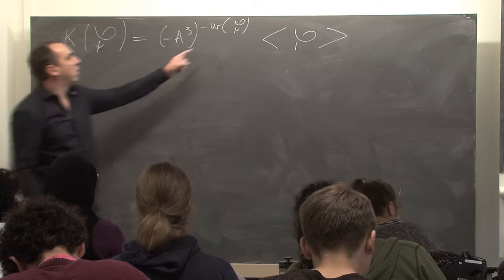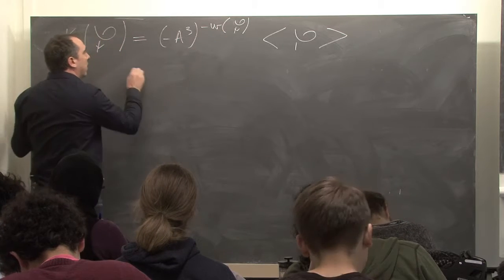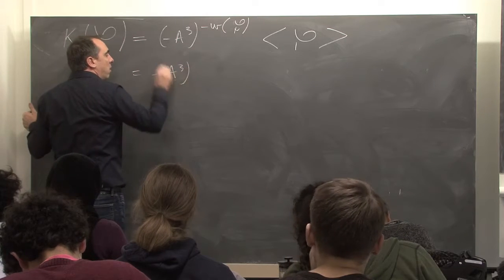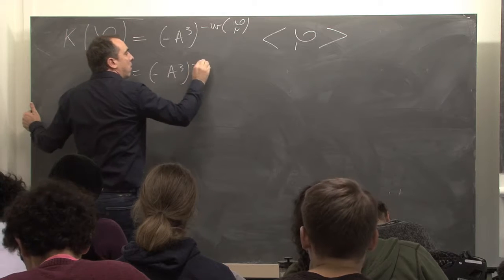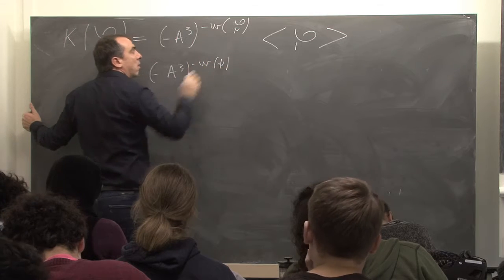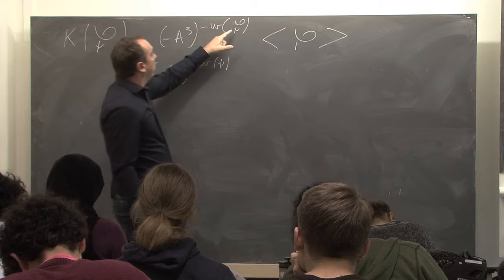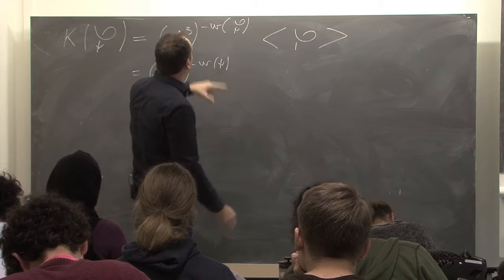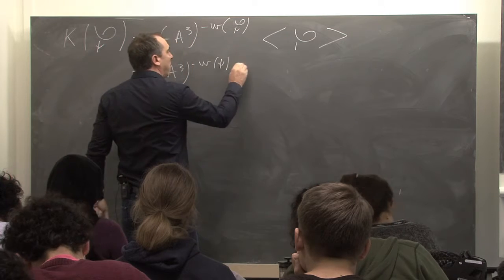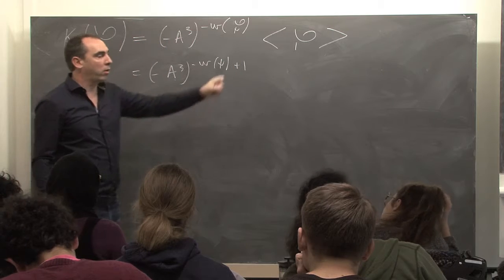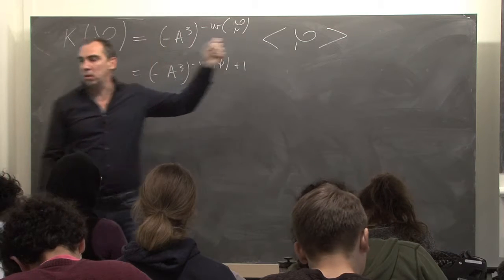So here, we already computed this. So it is A cube to the minus... So here the crossing is negative, so plus 1. And we already computed the relation for this.